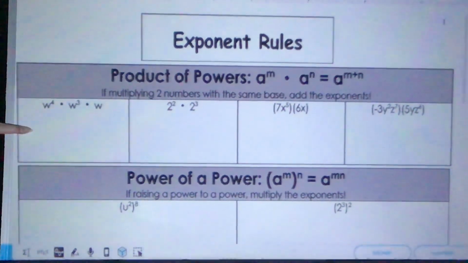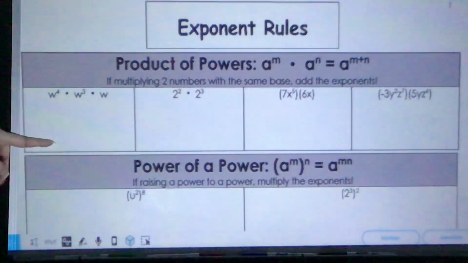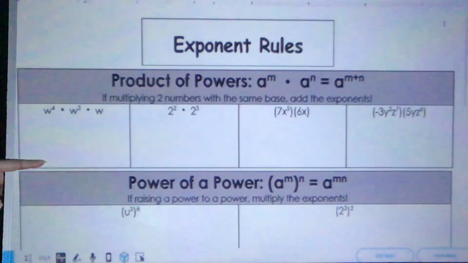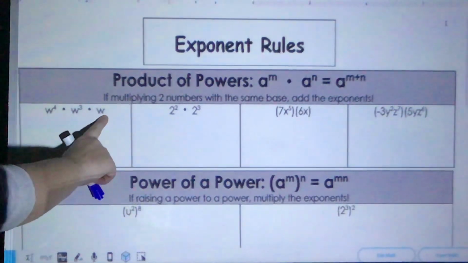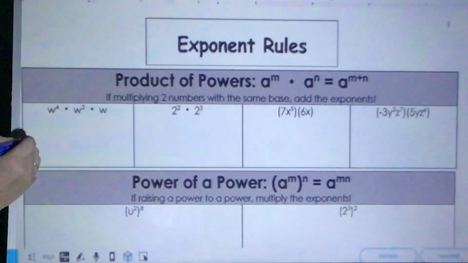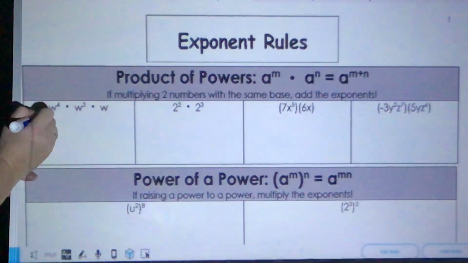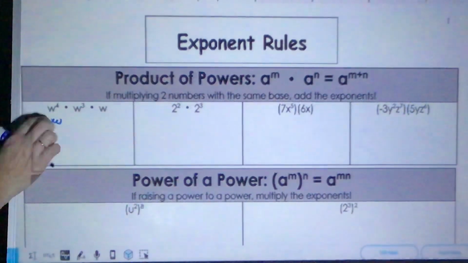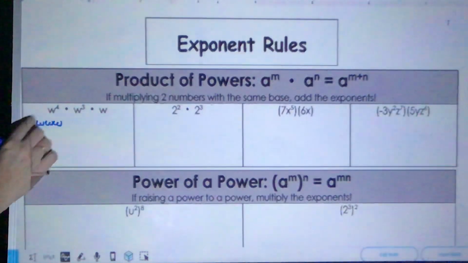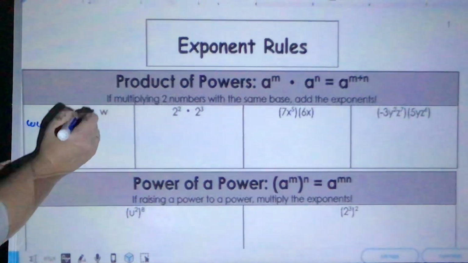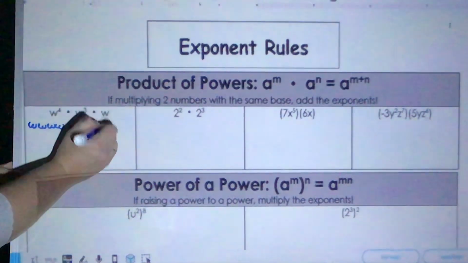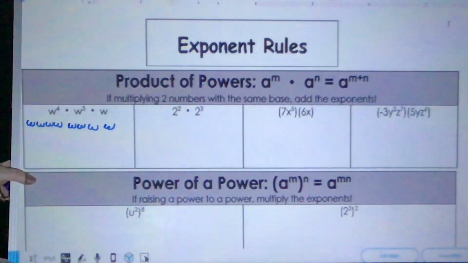The first rule that you tried to discover was what happens when you multiply and you have powers and your base number is the same. In the video that we had you watch, you actually expanded out each term. So w to the fourth would be 4 w's, multiplied by 3 more w's, multiplied by 1 w.